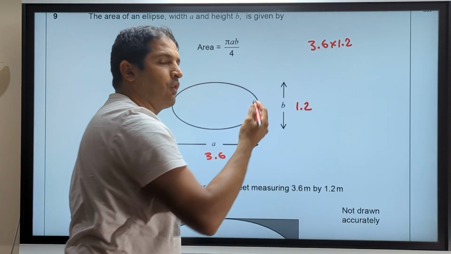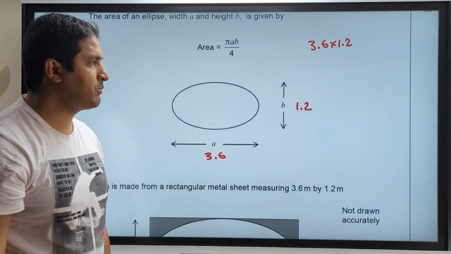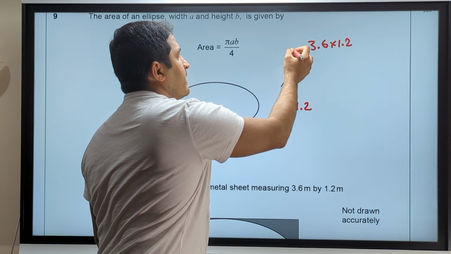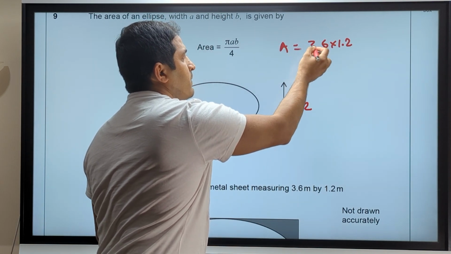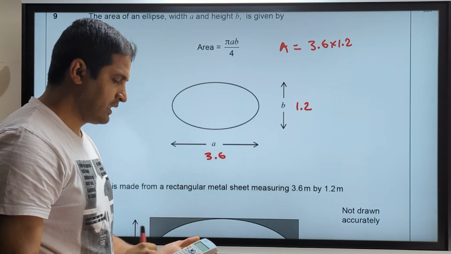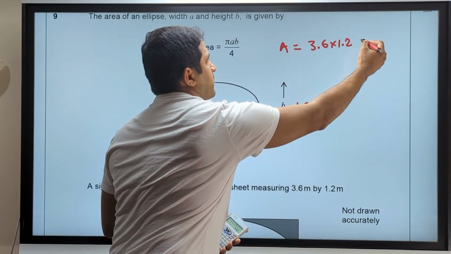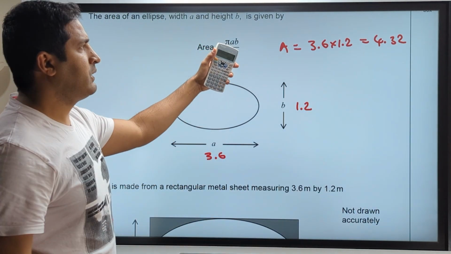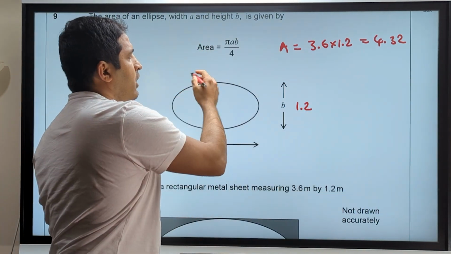That's the area of the rectangle as well, because that's the height and the width of the rectangle. So the area of the rectangle is 3.6 times 1.2, which is 4.32.